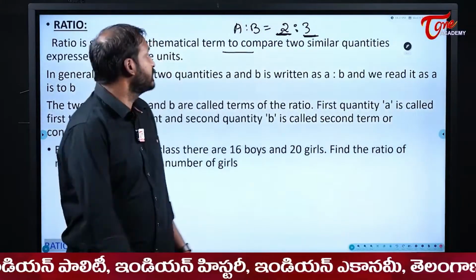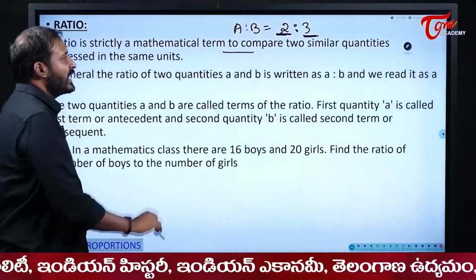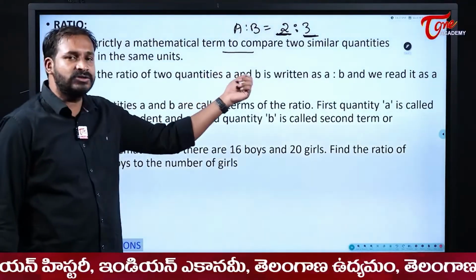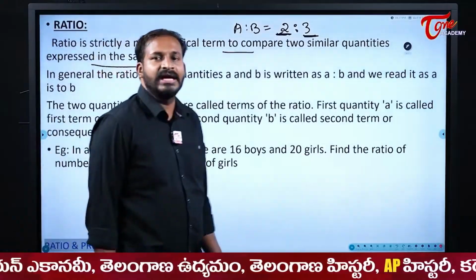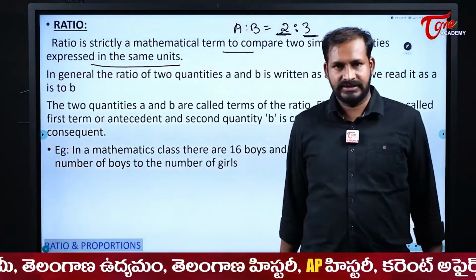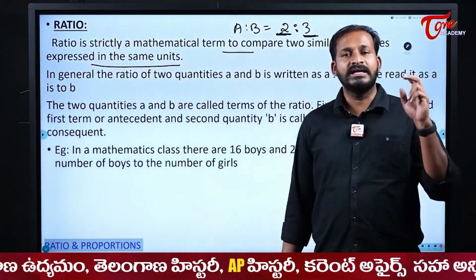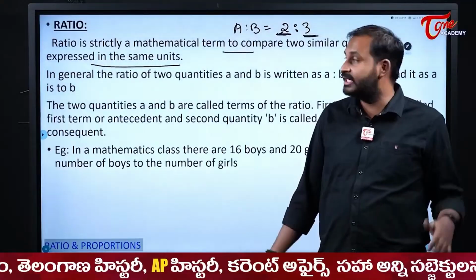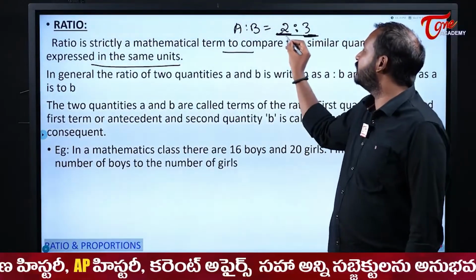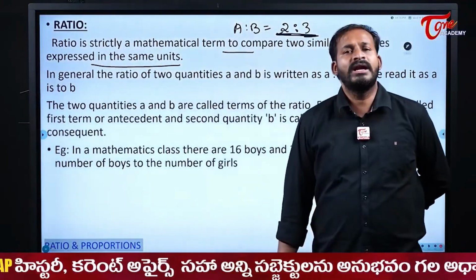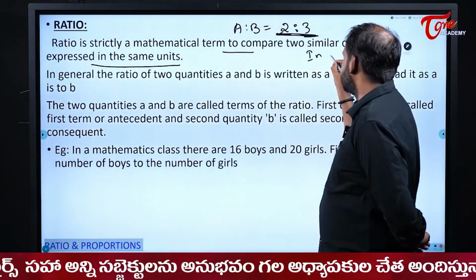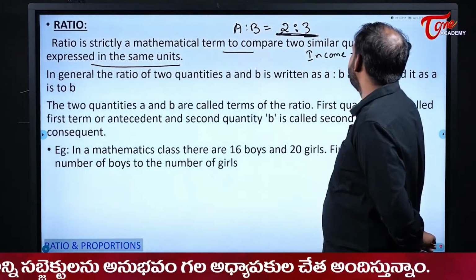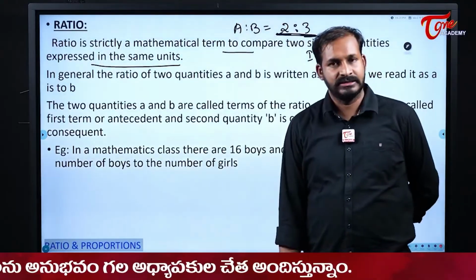Ratio is strictly a mathematical term to compare two similar quantities expressed in the same units. That means I cannot compare two different quantities. I can compare only similar quantities, and then only I can tell my ratio between two persons. Similar and different quantities means, if there is the income of a person, I can write the ratio between the incomes of two persons.